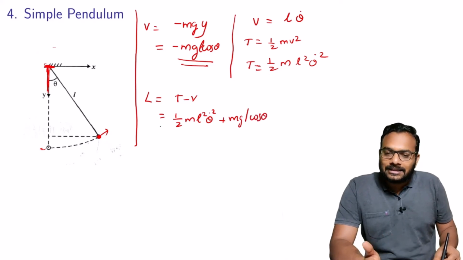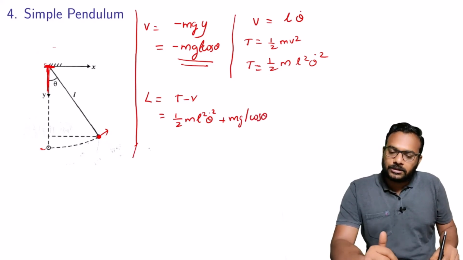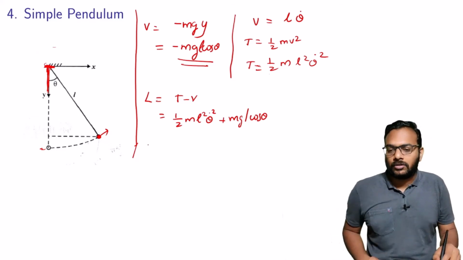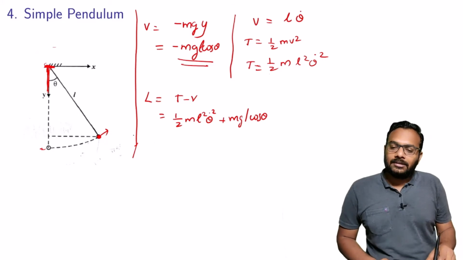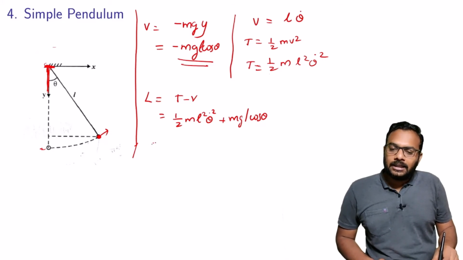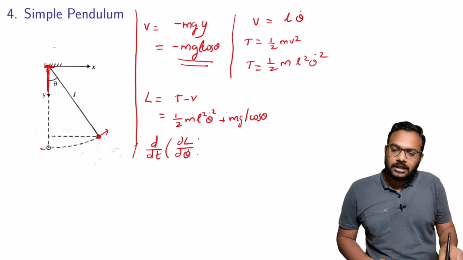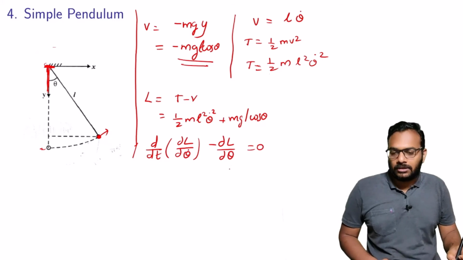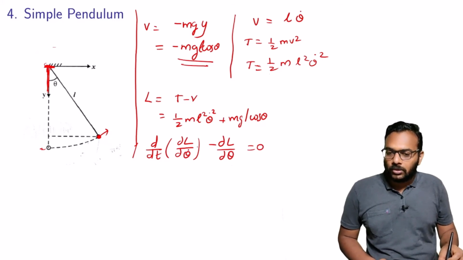Now it's just a matter of finding the equations of motion. There is only one generalized coordinate, so you have one Lagrange's equation: d by dt of dou L by dou theta dot minus dou L by dou theta is equal to 0. What's dou L by dou theta dot?